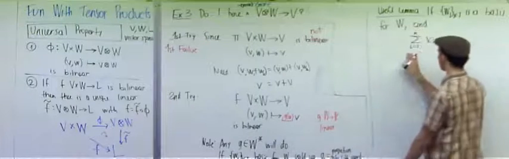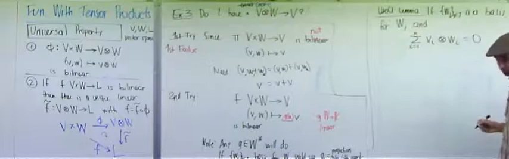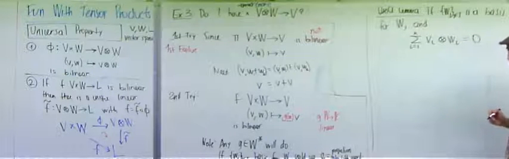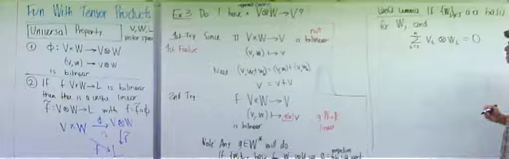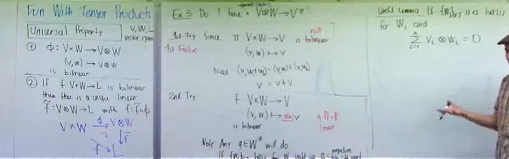Let's say that you have a sum of pure tensors equal to 0. That doesn't seem too unlikely to have some tensors that add up to 0.